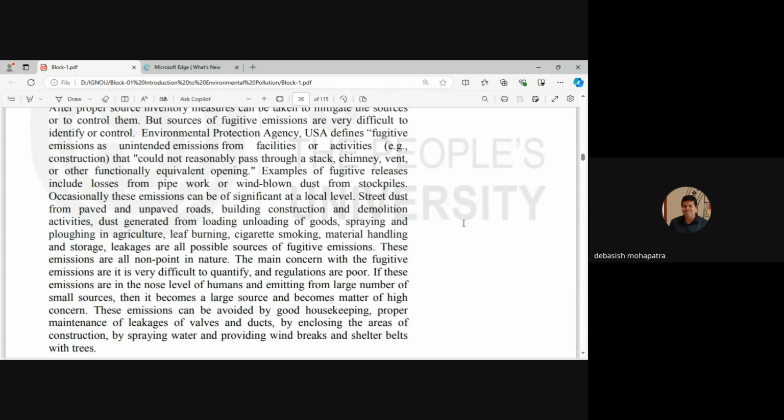If a pollutant is produced in small quantities from many places, it still becomes a huge problem, because once they are released, they all get summed up and form a bigger source.